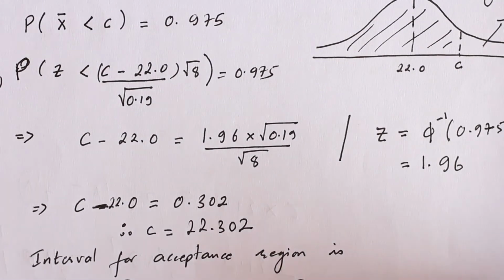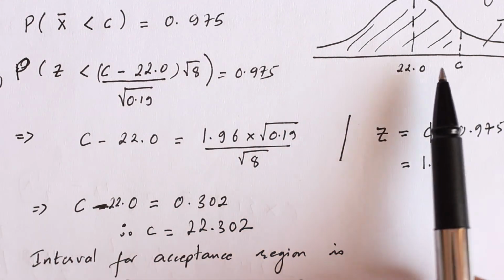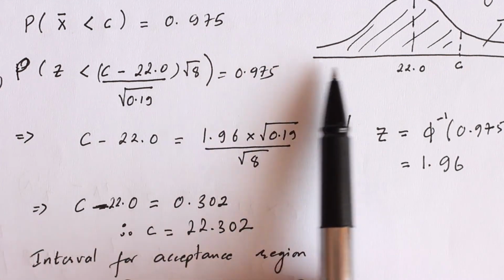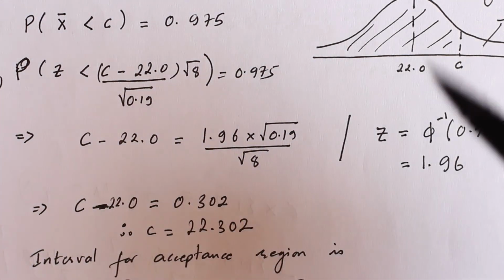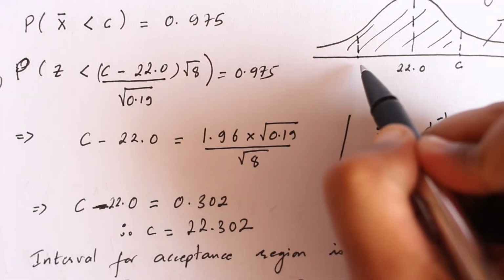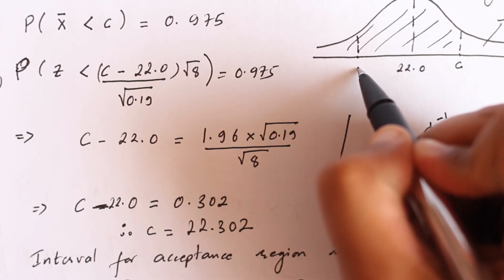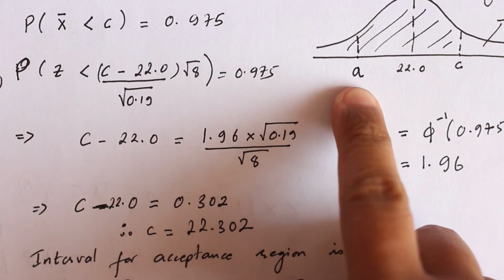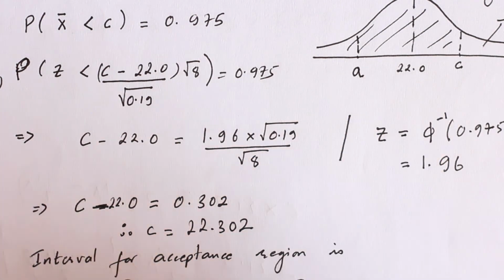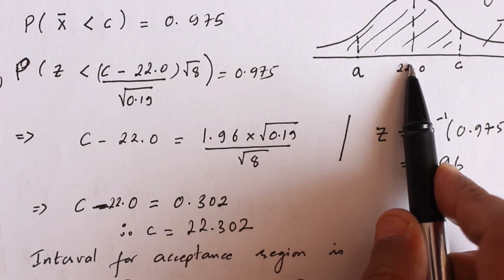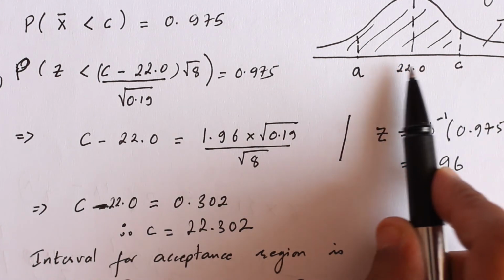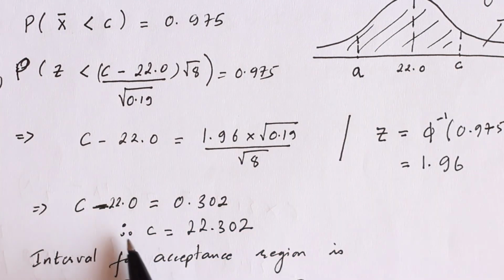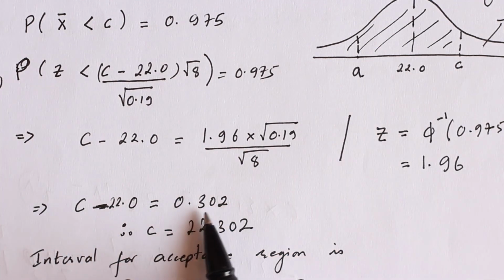That is for the upper 2.5% tail, so there's another 2.5% on the other side. Let's call that value A. The value of A is just 22 minus the interval from 22 to C, and C minus 22 is 0.302.